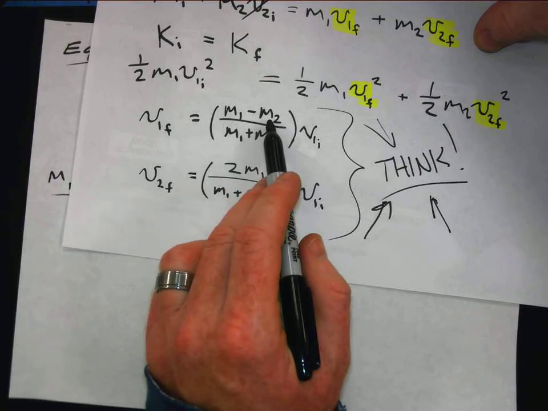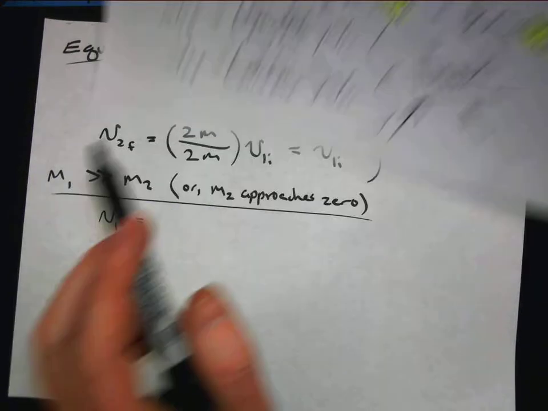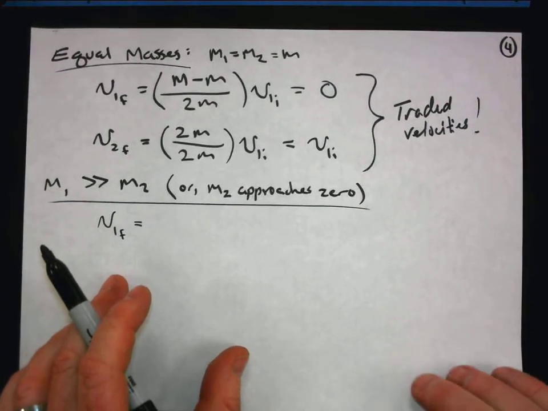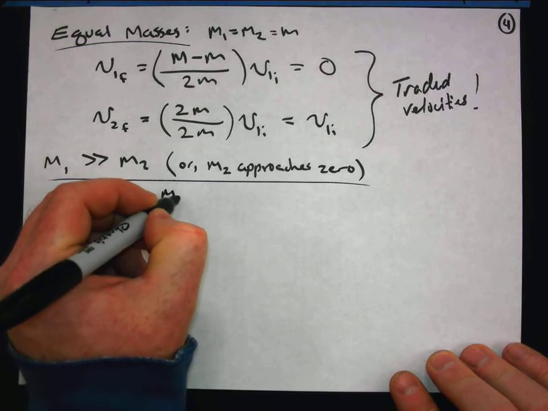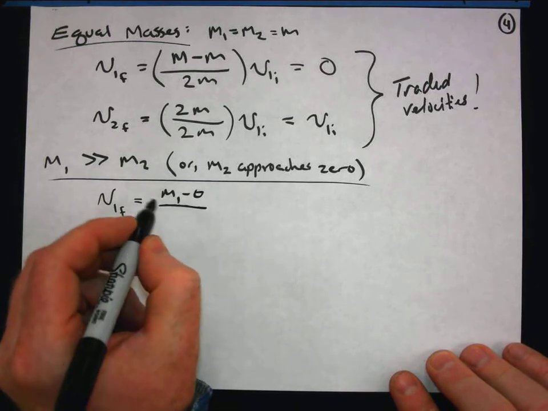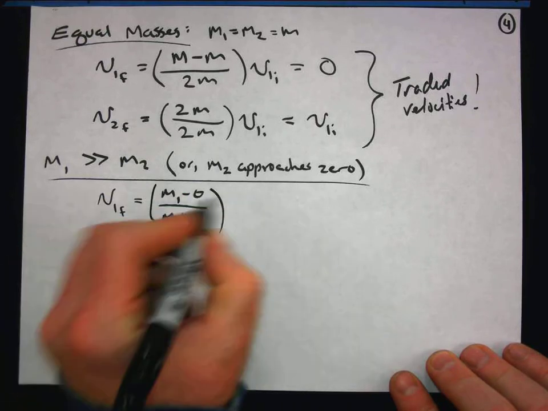This becomes m1 minus 0, or just m1, right? And I'm dividing by m1 plus 0. A little sloppy, sorry.